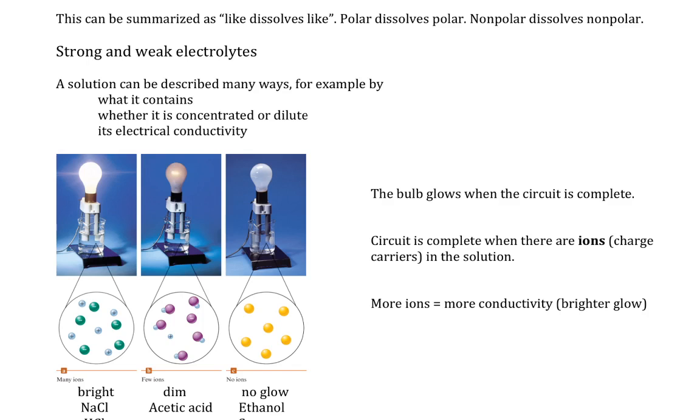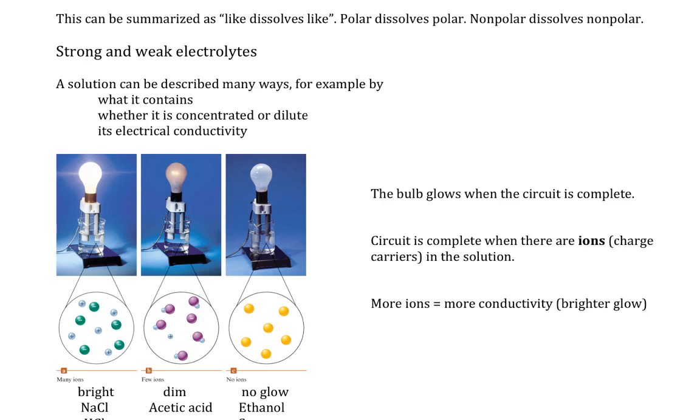So what we have in those diagrams is a light bulb that's plugged into an outlet, and it has two probes sticking into an aqueous solution. If the probes can conduct electricity, then the light bulb will glow.